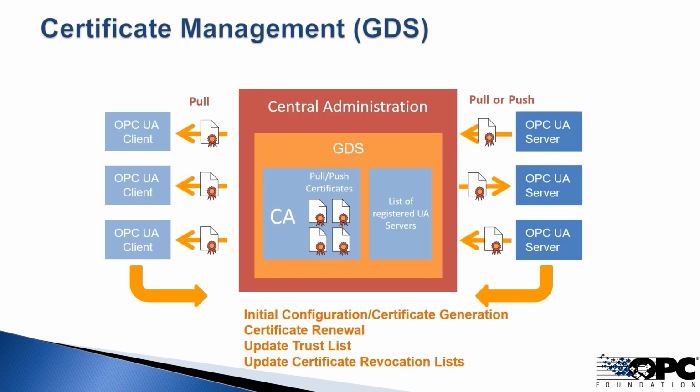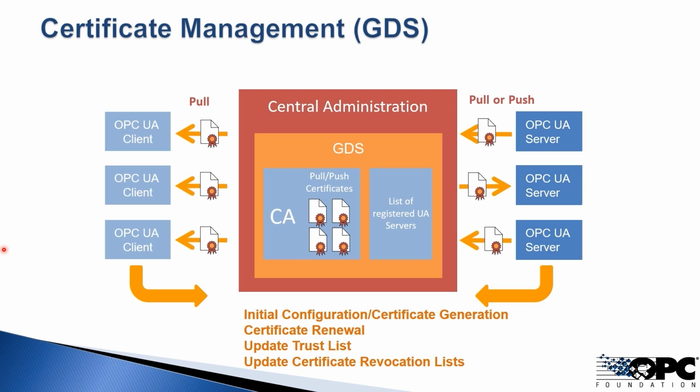So let's move on to our next centralized service, certificate management. As you probably know, OPC UA is heavily based on PKI, public key infrastructure, that is the use of X.509 certificates that are used to identify both OPC UA servers and OPC UA clients.